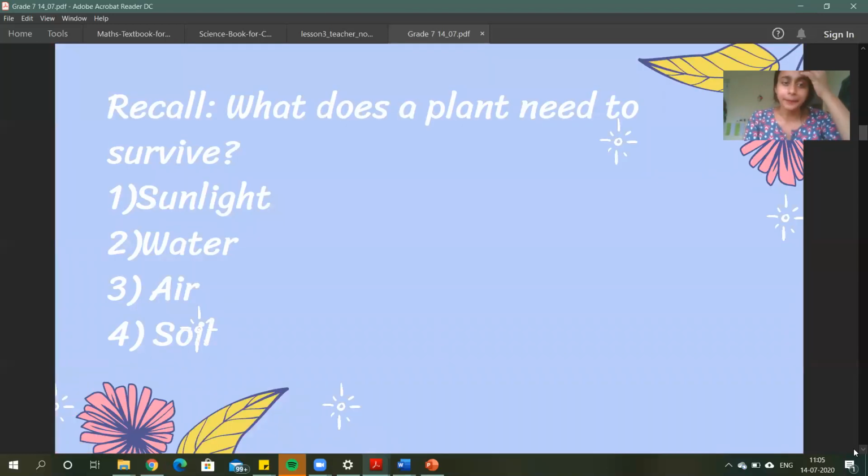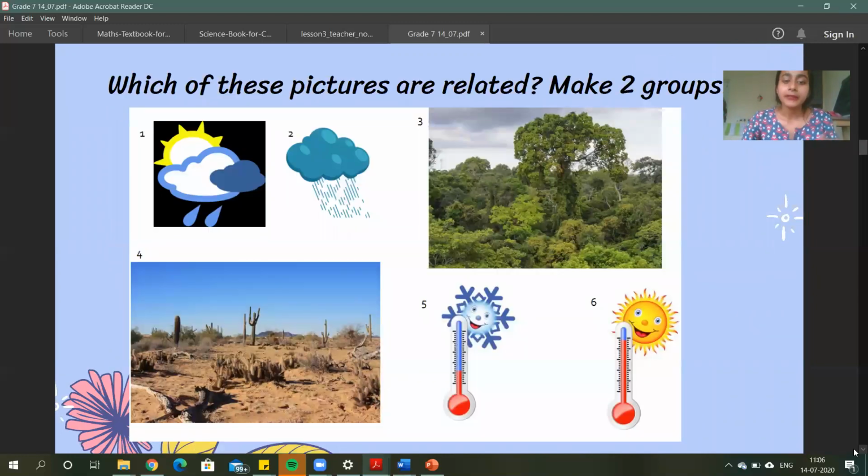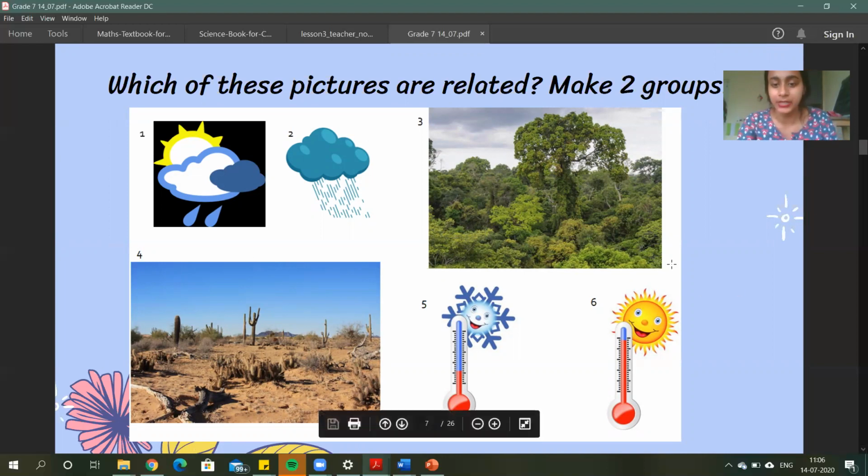Again, what are the things that a plant needs to survive? They are sunlight, water, air, and soil. These four things are really important for a plant to survive anywhere. Now if you observe these pictures, think about which pictures are related to each other.